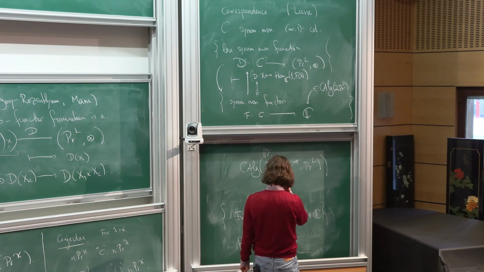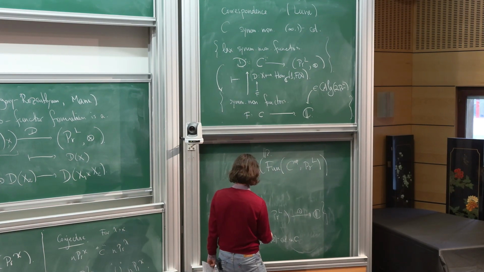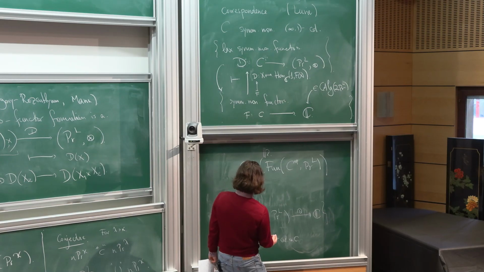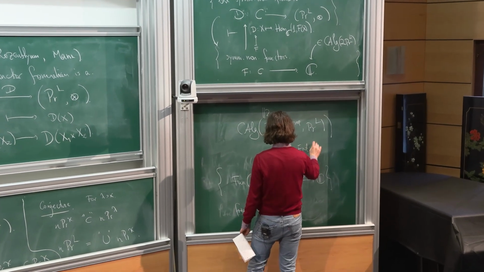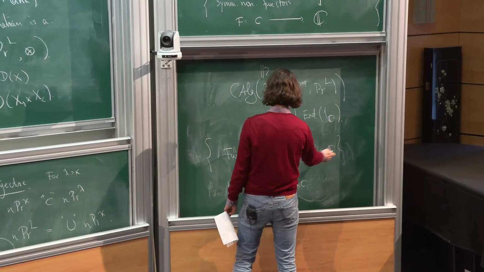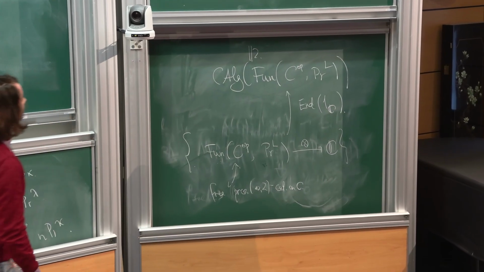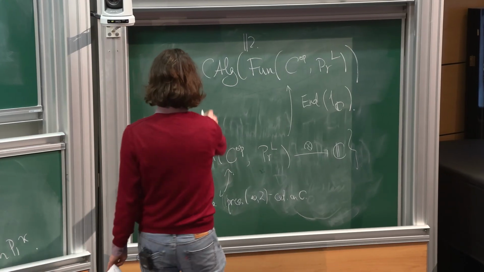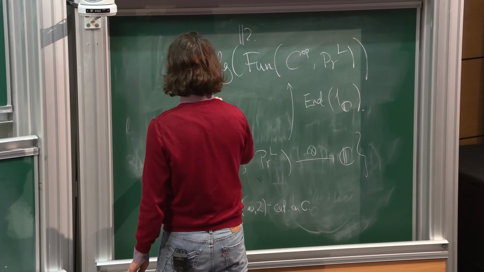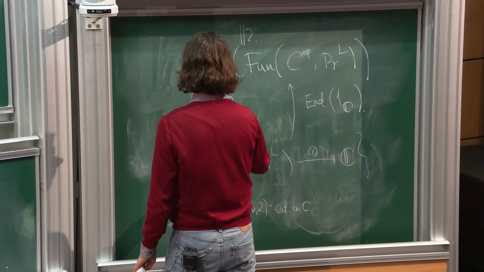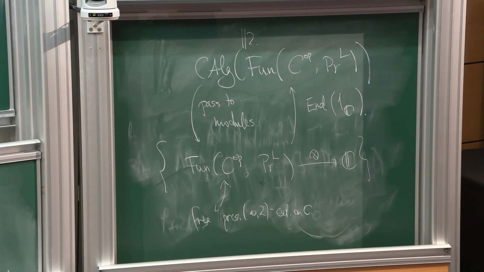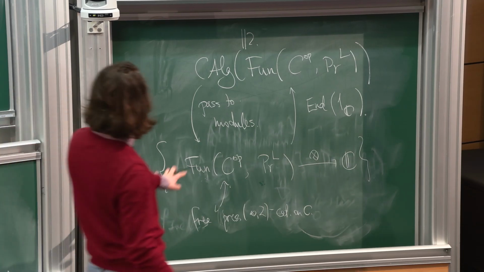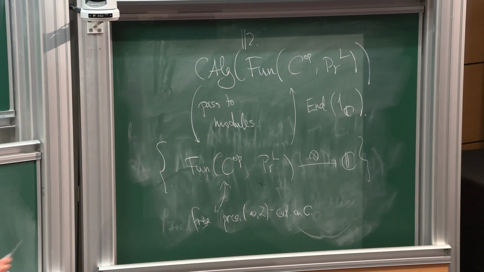And if you have such a guy, then in one case you can just pass to the endomorphisms of the unit in C, which becomes linear over this guy. And in the other case you can pass to modules. And so this procedure also tells you how to build this. You regard this datum as a commutative algebra in this infinity 2 category of functors, and then pass to the category of modules.